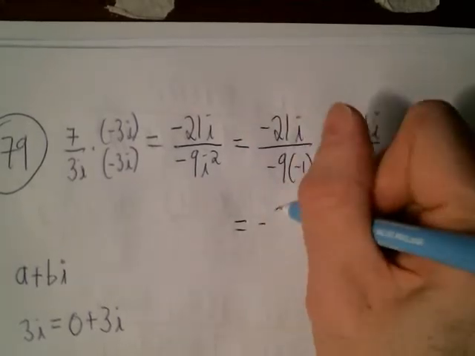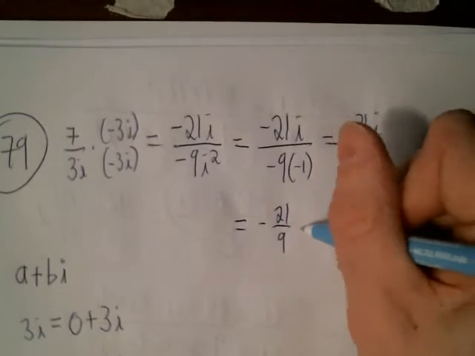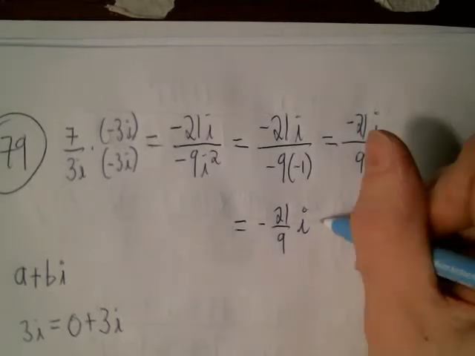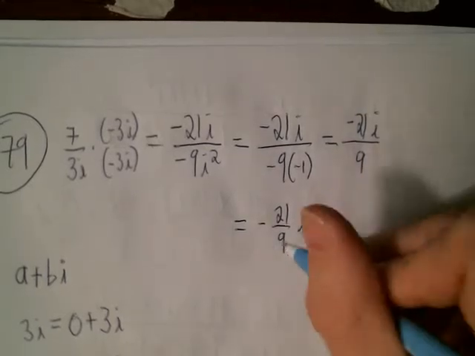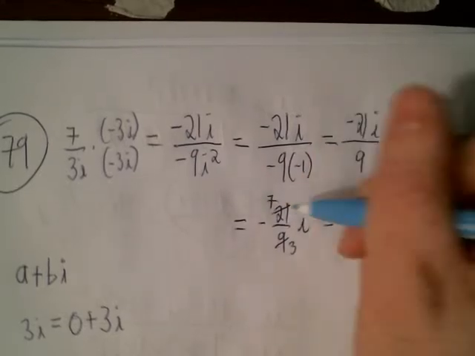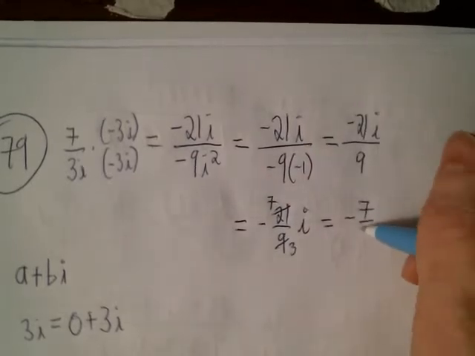That's the same as negative 21/9 i. You can always do that. And then that's the same as, well, divide top and bottom by 3, and you get negative 7/3 i.